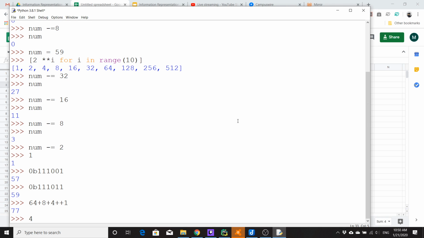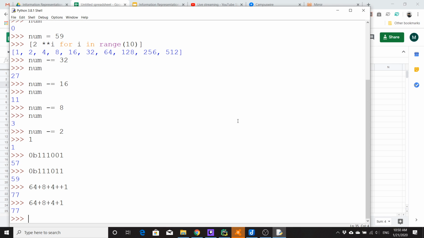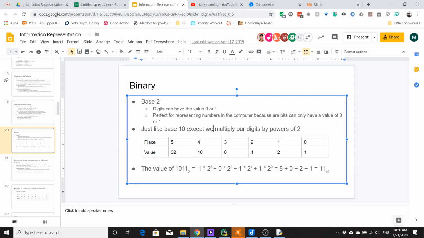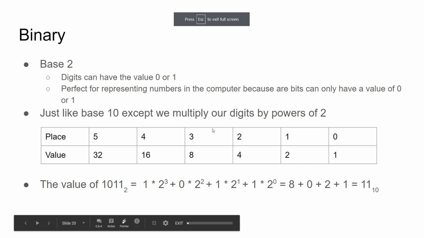Yeah, 77, right? 64 plus 8 plus 4 plus 1. So again, fairly easy to get back to the base 10 value. Just multiply each number by the corresponding power of 2 for the spot that it's at. Just like when you're doing a base 10 number. But use base 2, not base 10.